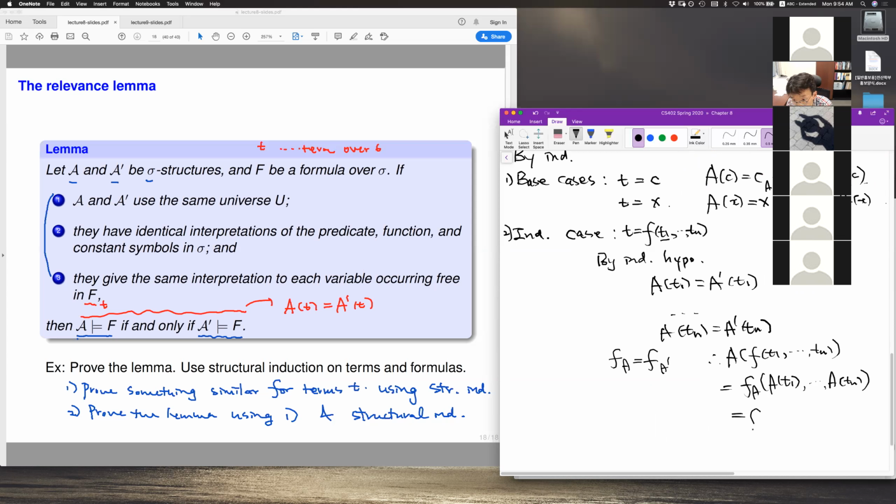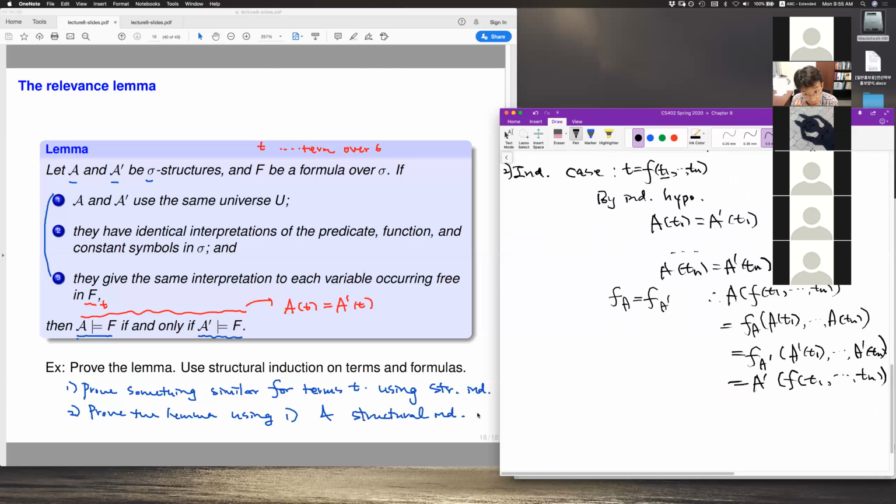And this is going to be the same as f of A prime applied to A prime of T1 through A prime of Tn. And that coincides with the semantics of these terms according to A prime. So this concludes the proof of this lemma for the terms.